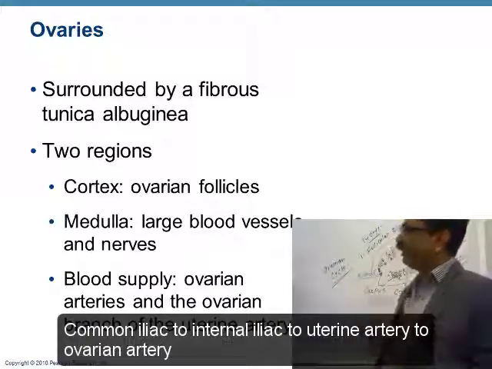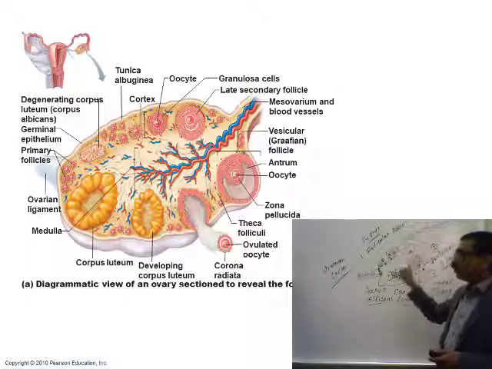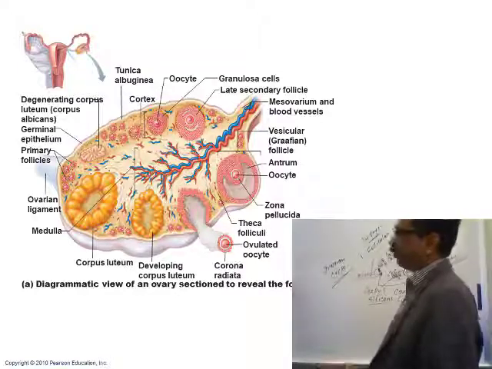Okay, now we'll see the ovarian cycle in this picture that I explained to you here. So here you have the follicles of different stages of maturation. So we will see what are those different stages of maturation.